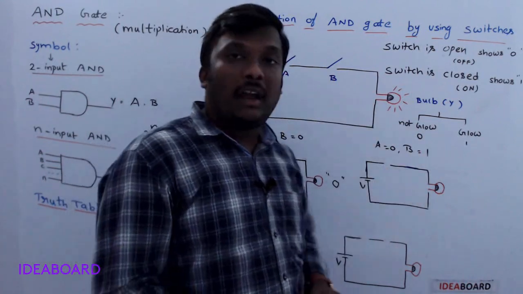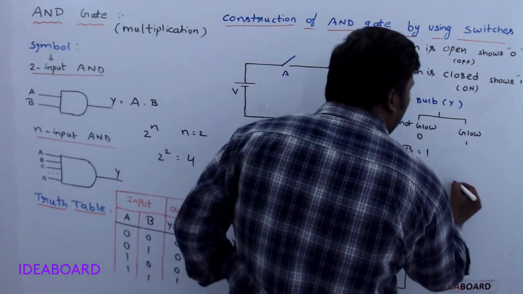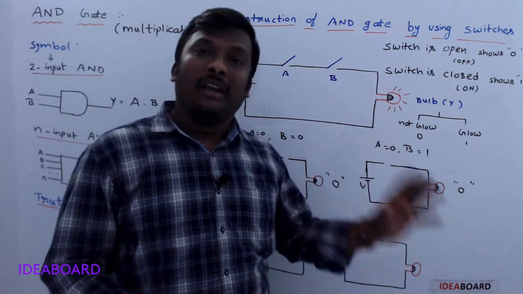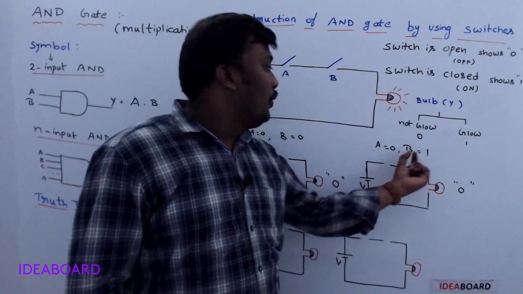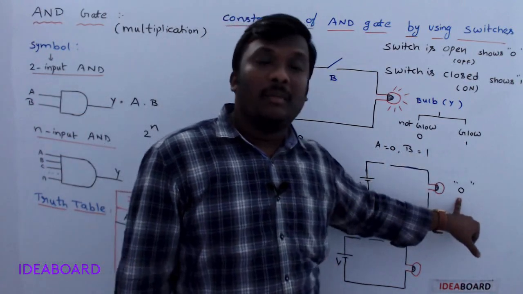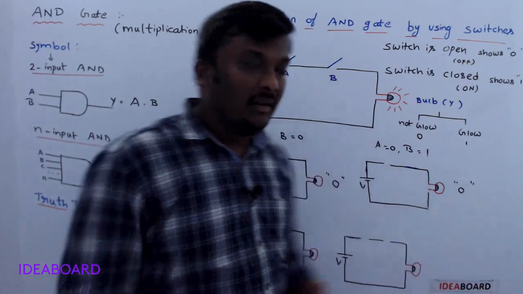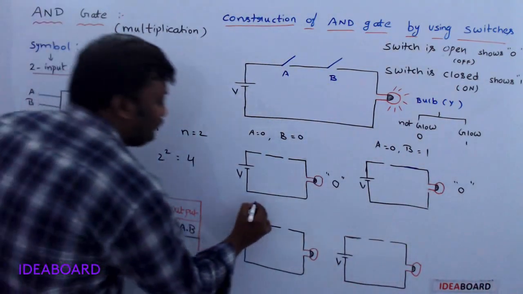Whenever current is not flowing through the circuit, the bulb does not glow. So the bulb will not glow, that indicates 0. So A is 0, B is 1, the bulb again will not glow, shows 0. Clear?